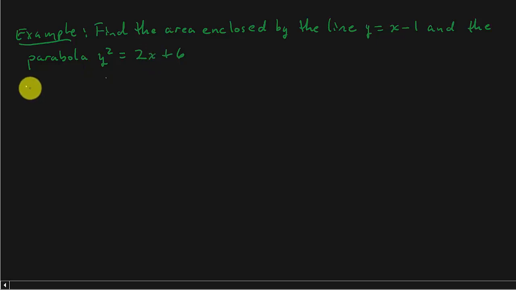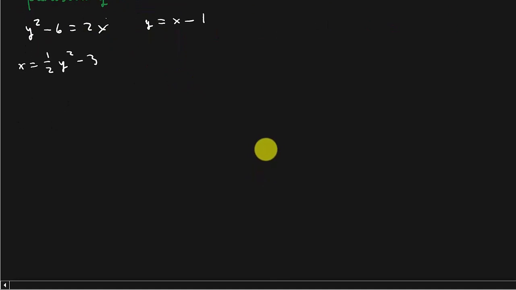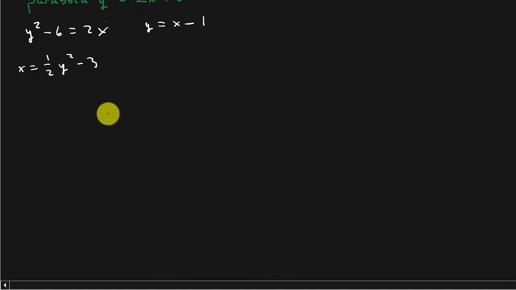So let's solve this for x. I'm going to get y squared minus 6 equals 2x. So x is equal to 1/2 y squared minus 3. And then we also have y equals x minus 1. So let's sketch the graphs here.